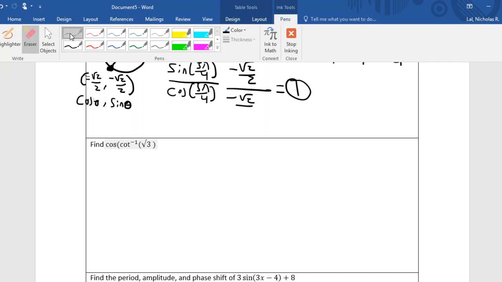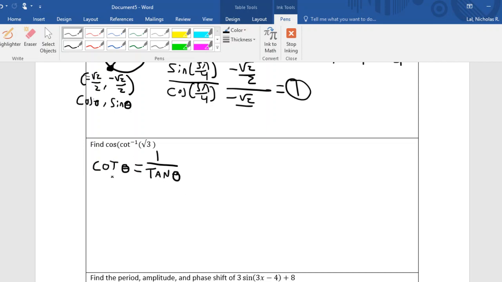One note that I have for the inverse cotangent is that the cotangent, just in general, this is a rule, the cotangent of theta is a reciprocal relation to tangent. So this is equal to 1 over the tangent of theta.